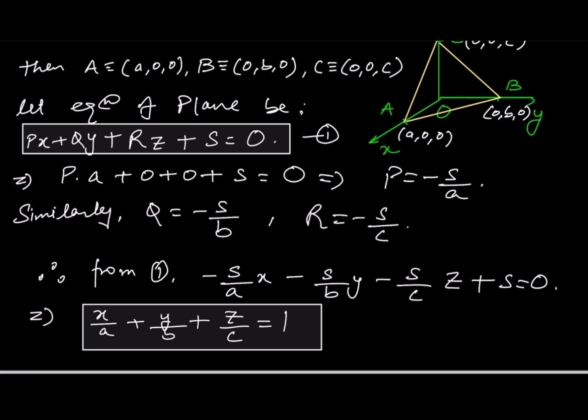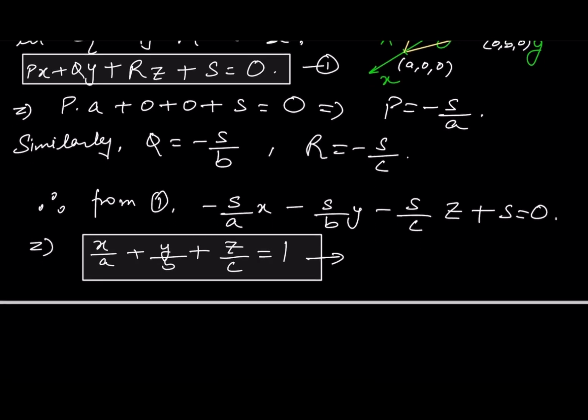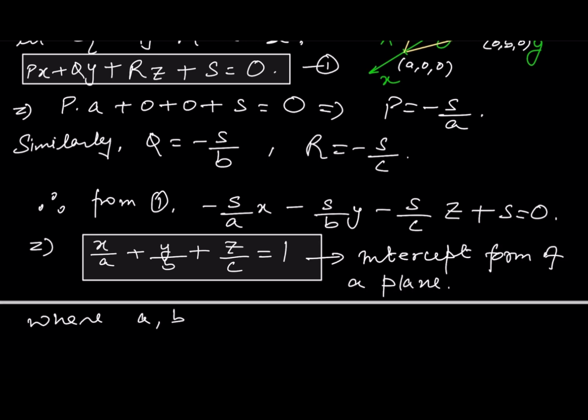This is called the intercept form of a plane, where a, b and c are called the x, y and z intercepts respectively.